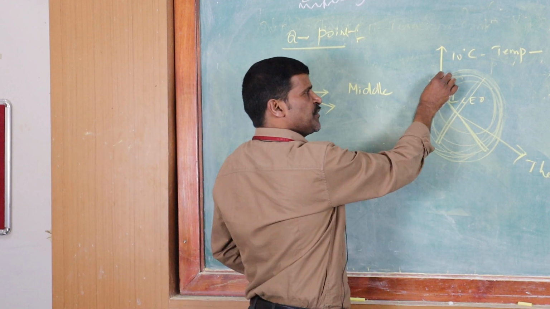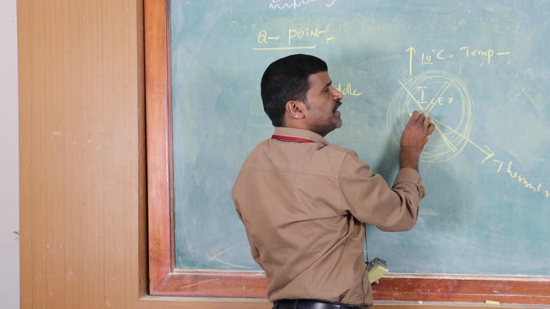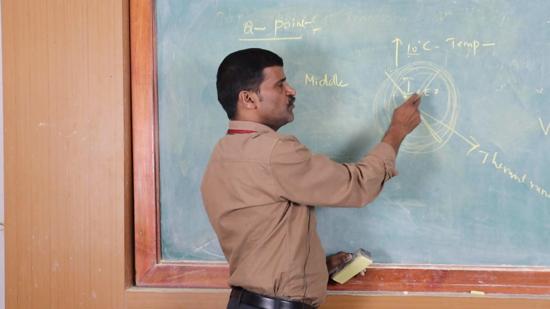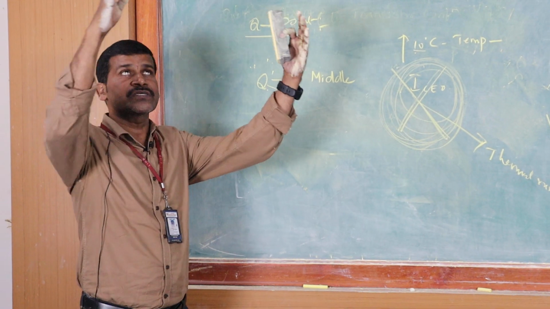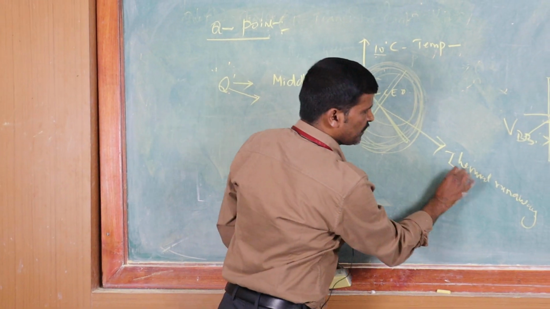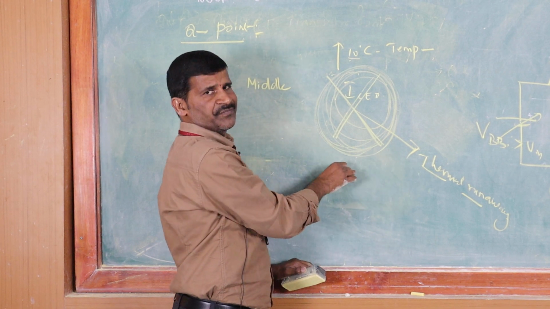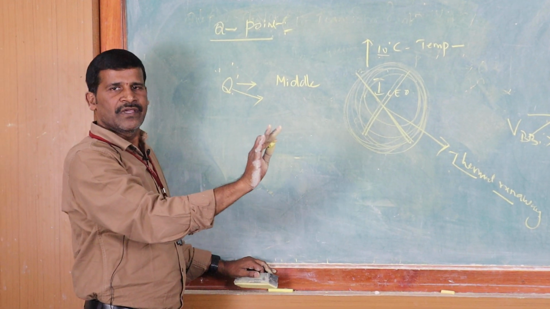Thermal runaway means that for every rise of 10 degrees in temperature, the reverse leakage current in the diode IS, or in the transistor IC0, becomes double. The doubling becomes cumulative. This cumulative process leads to the destruction of the transistor, and hence this process is called thermal runaway. In order to avoid the thermal runaway condition, the Q point has to be set properly, in the middle.